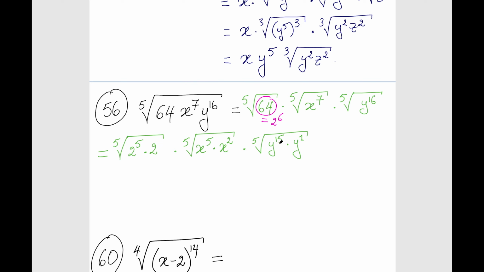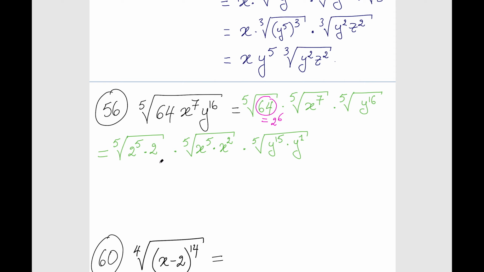And why did we split this way? Because 15 is the largest multiple of 5. 15 is the largest multiple of 5 and 16. 5 is the largest multiple of 5 and 7. 5 is the largest multiple of 5 and 6.